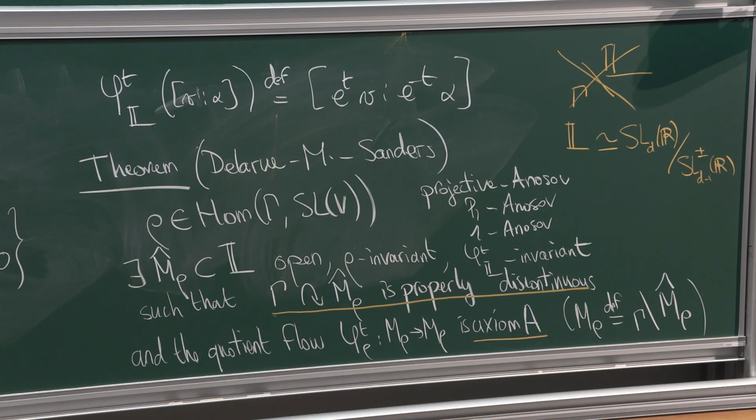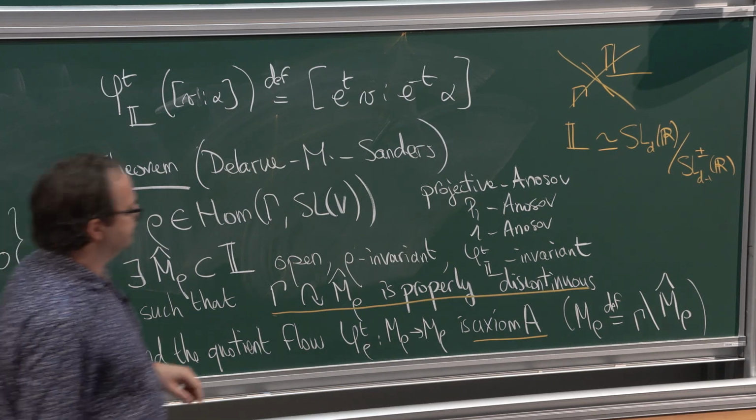Yeah? Is there a way to see, is phi t coming somewhere from homogeneous structures? Is it some subgroup of SL(d,R) acting somewhere, or is it just something else we've defined? The flow phi t? Yeah. It's a diagonal flow. Okay.